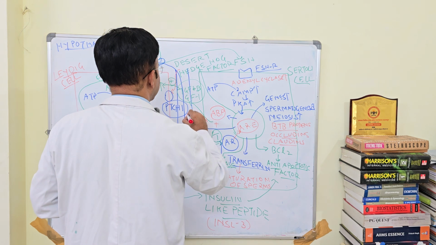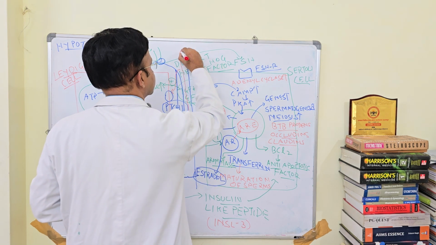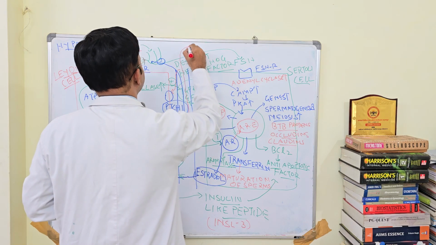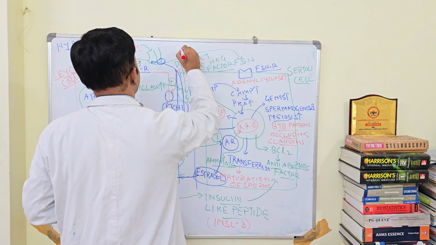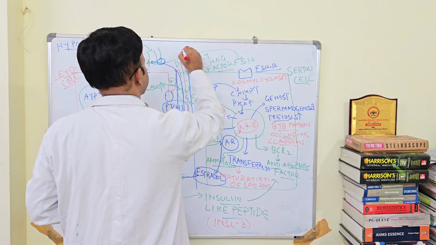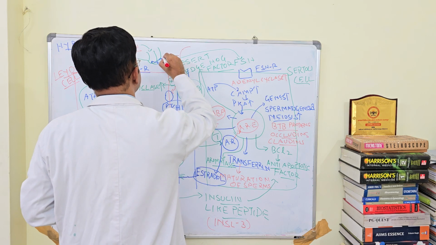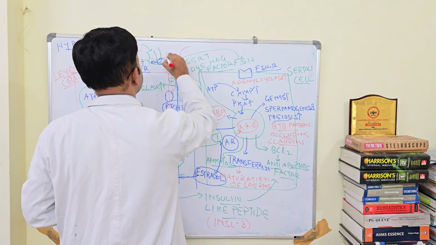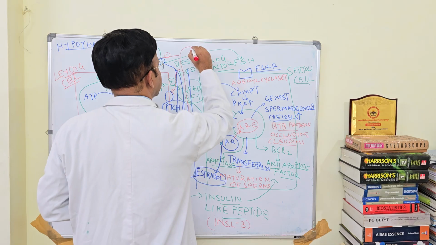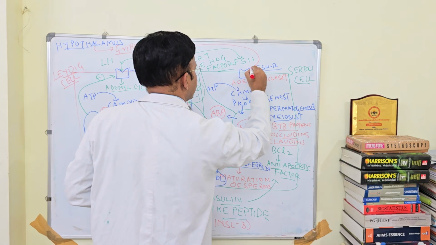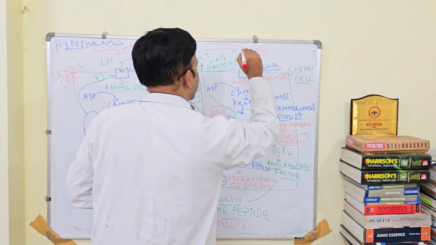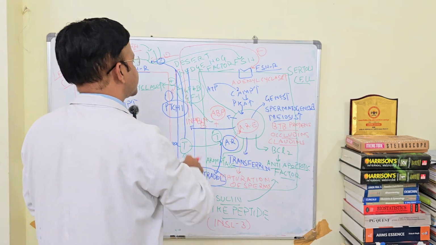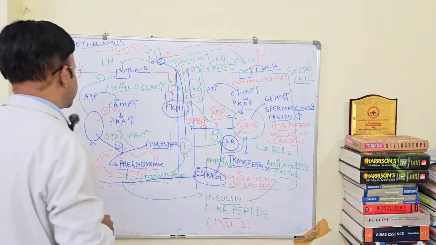And this inhibin B is going to inhibit the secretion of FSH from anterior pituitary, and also it will impede the action of FSH on the receptor, right? Okay.